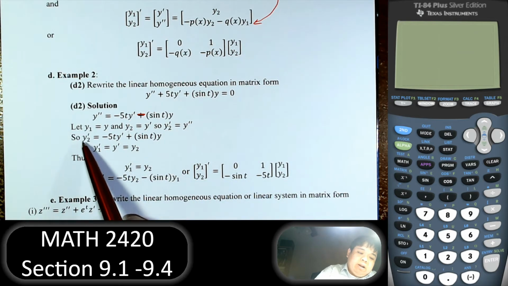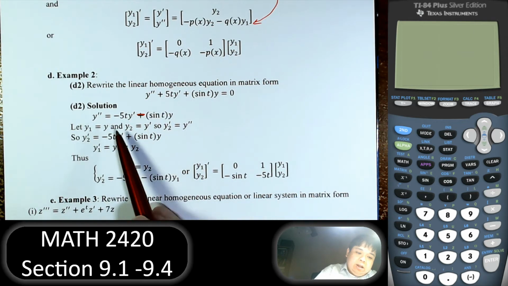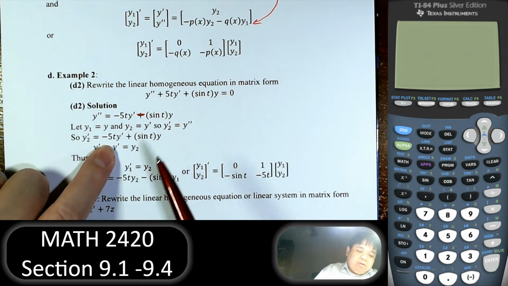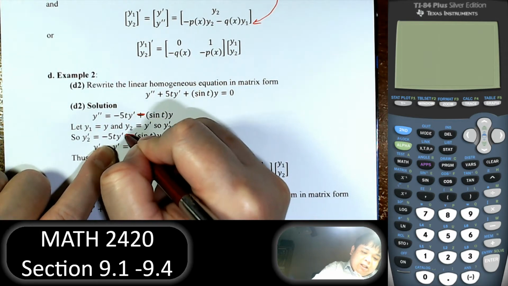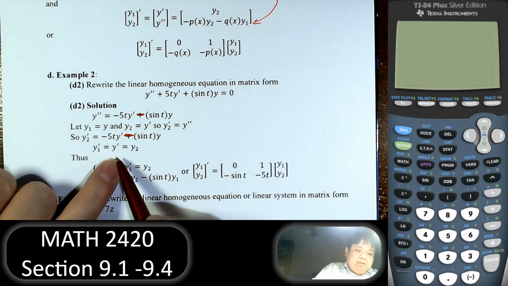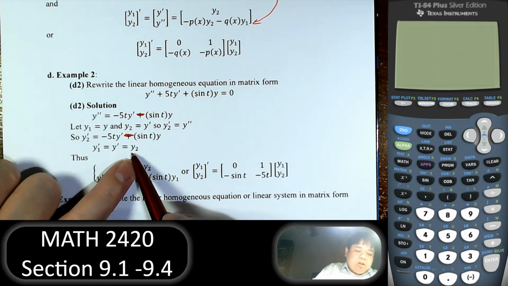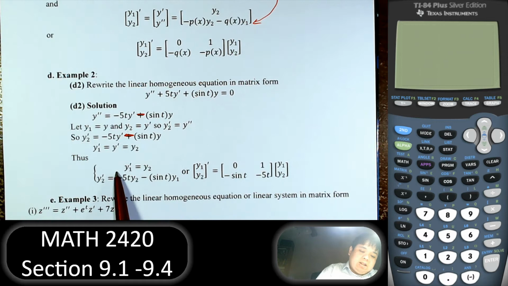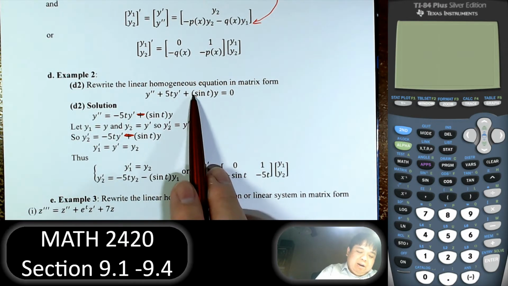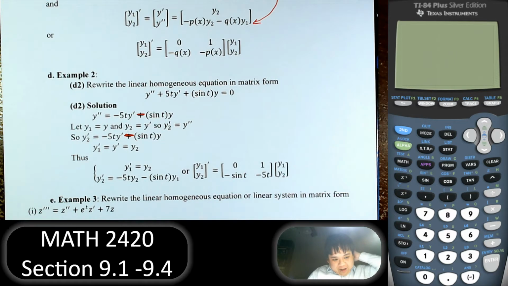So y double prime is y2 derivative equal to minus 5t y2 minus sine t y1, and the y1 derivative is y prime, which is y2. So we have this system of equations, and we turn it into this matrix form. Yeah, here I have the minus. I forgot to write the minus on the top.